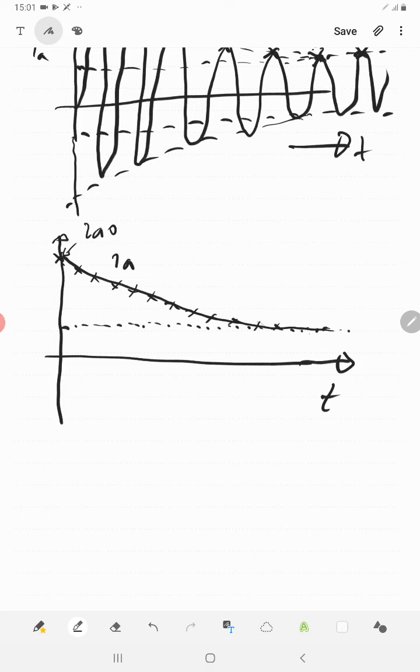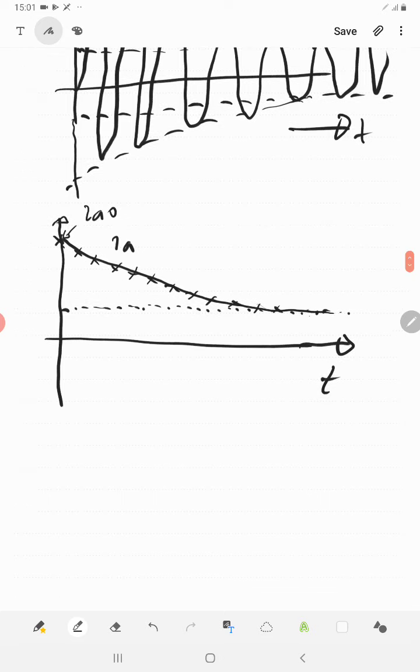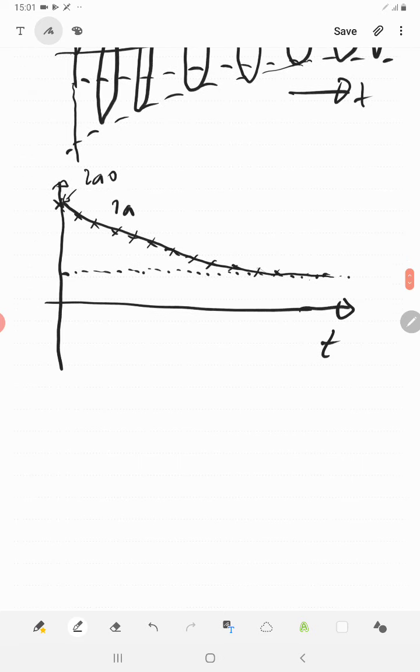Now we can assume that the current has three components.